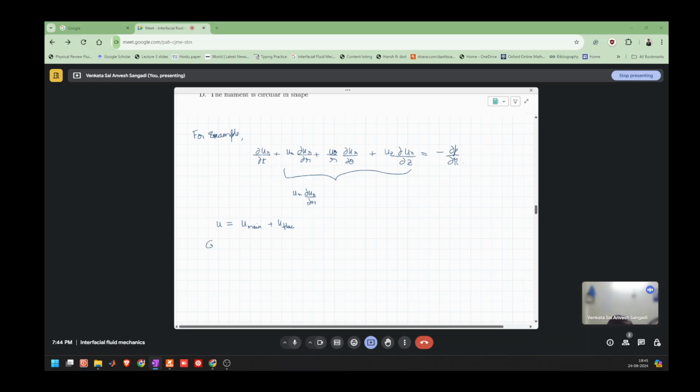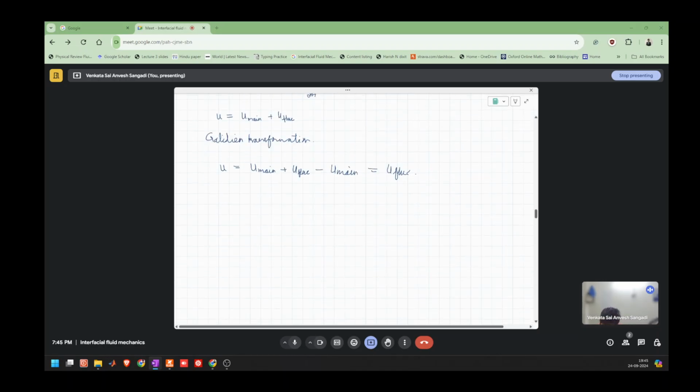According to the Galilean transformation, we can subtract the U main and only have the U fluctuation. And generally, U fluctuation is very small.